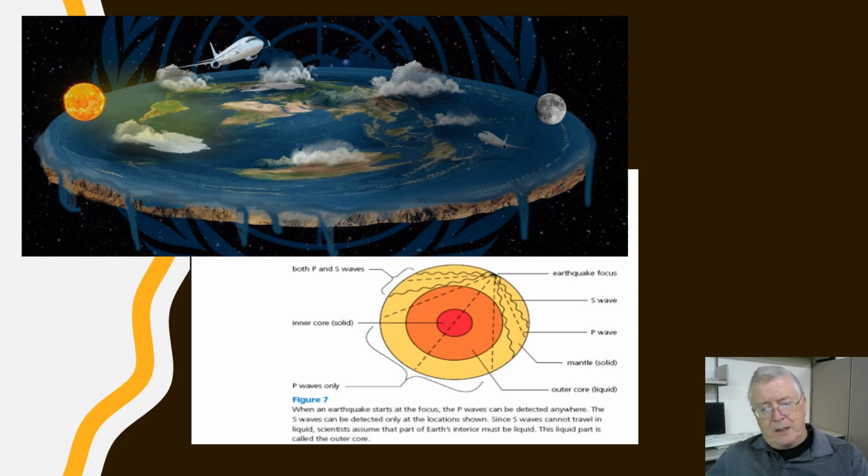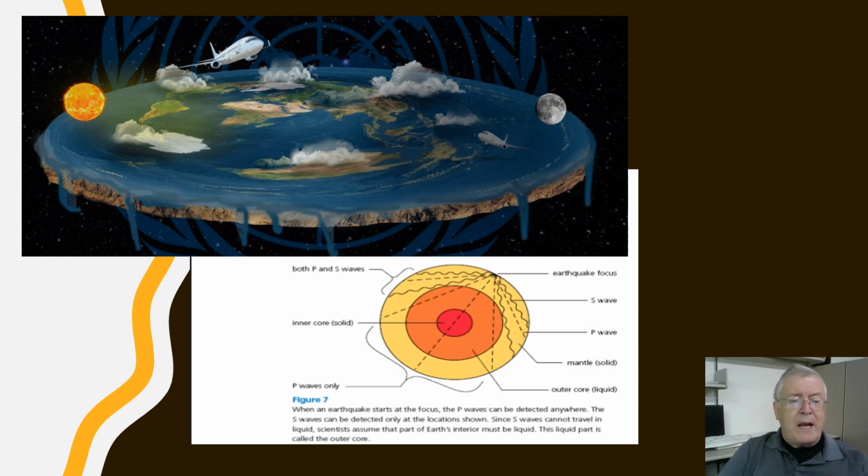Now notice in the bottom picture, this is the one we just saw, that when the earthquake starts at its focus over there on the top right, it sends out waves all across the Earth, all around through the center of the Earth, the surface waves on around the surface of the Earth, and those waves can be detected not just by nearby seismographs, but by pretty much every seismograph on the Earth.